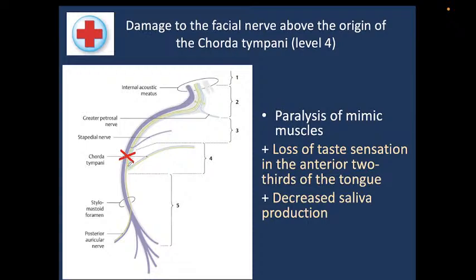When it is up to the chorda tympani branch, then for all of the symptoms I described before, another two symptoms come for this damage. This is the loss of taste sensation, because it is not possible to get information from the taste follicles in the oral cavity, and this decreases production of the salivary glands.